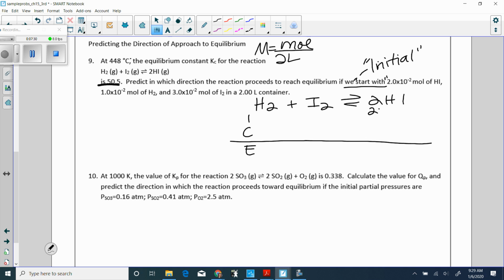So actually what I'm going to do is just divide by 2. And that's just me reminding you to pay attention to the liters. So we're going to write it like that. I have 1 times 10 to the negative second divided by 2 because it's 2 liters. And I have 3.